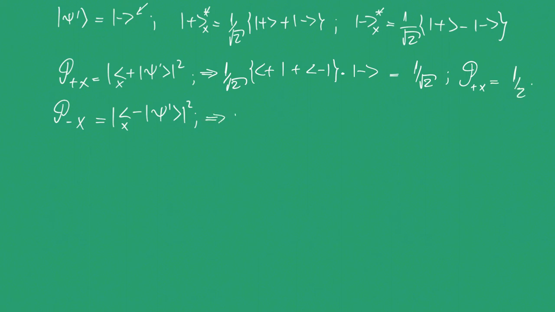So of course, if we calculate the same for the probability of finding spin down, we find the same value, since we have only two possibilities. If one of these possibilities has a half chance of taking place, the other possibility must be half too, as we can confirm through this calculation.